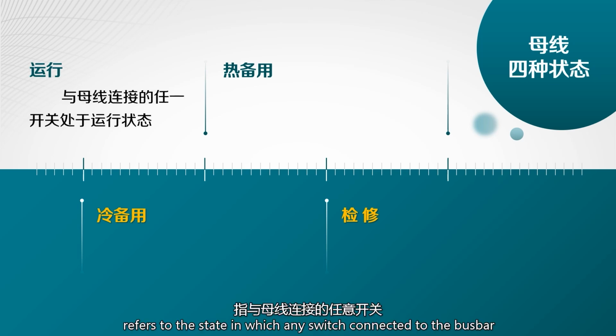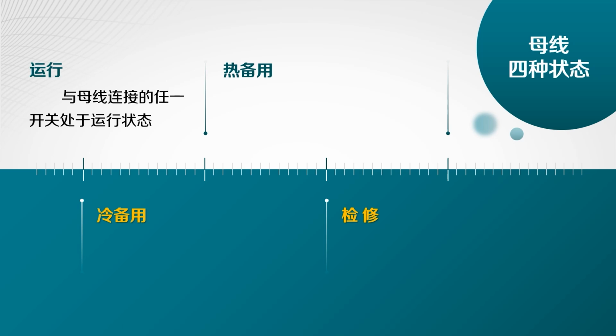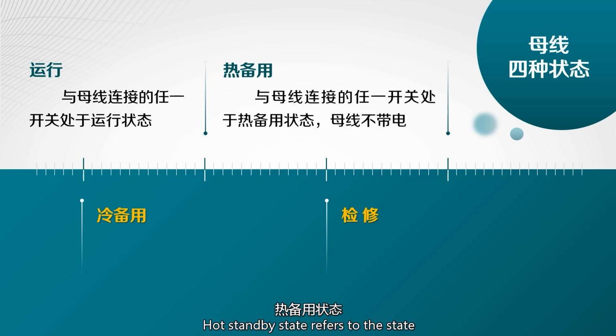Operating state refers to the state in which any switch connected to the bus bar is in operation. Hot standby state refers to the state in which any switch connected to the bus bar is in hot standby state, and the bus bar is not energized.